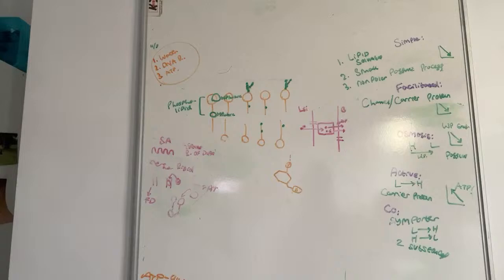Use your knowledge of transport across cell membranes to suggest how a carrier protein actively transports 1 sodium ion into the cell in exchange for a proton out of the cell. What the fuck? Co-transport hydrolyzes ATP.